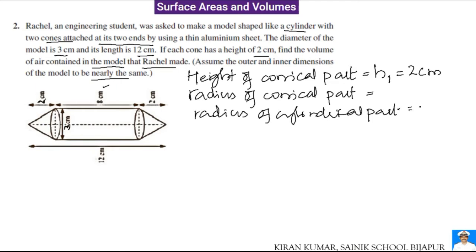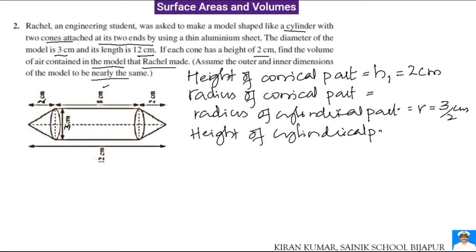I'll consider both to be r. This is equal to 3 by 2 centimeter because 3 centimeters is the diameter, and the height of cylindrical part will be equal to 12 minus 2 plus 2, which is 8 centimeter.